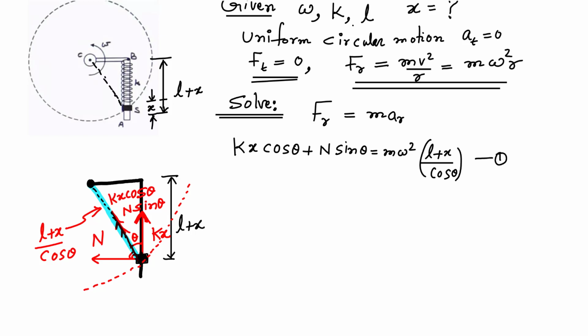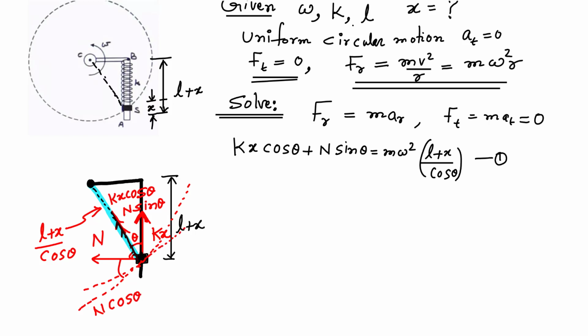Now the second equation you will write from force in the tangential direction equals mass into acceleration in the tangential direction. But this is uniform motion, so the tangential force has to be 0. So what are the forces acting in the tangential direction? The normal reaction component in this direction: on this side you have N sin theta, and on this side you will have N cos theta.